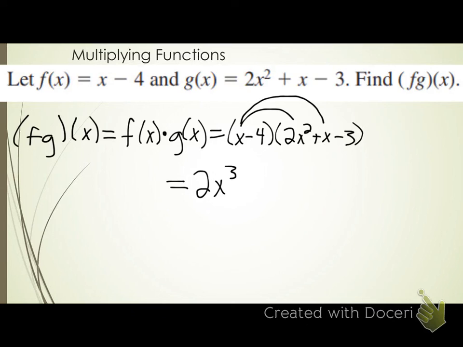X times x. X squared. X times negative 3. Negative 3x. So x has now been multiplied by every term in that second set of parentheses.